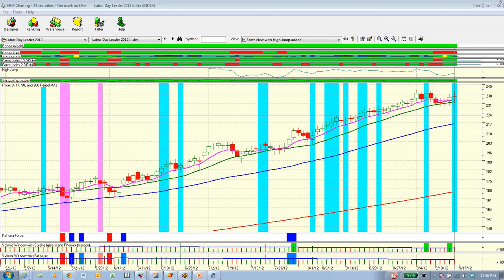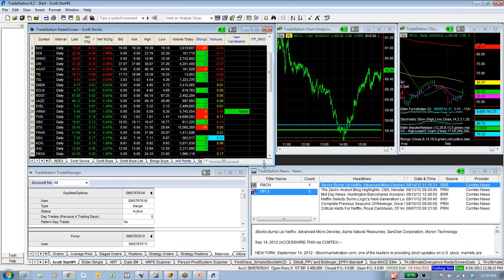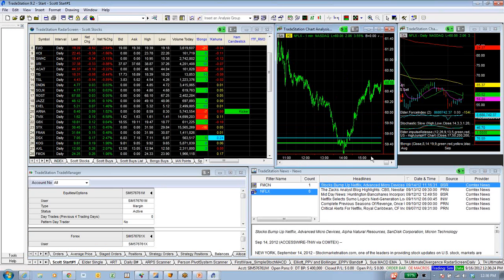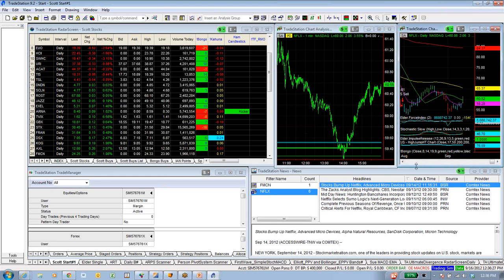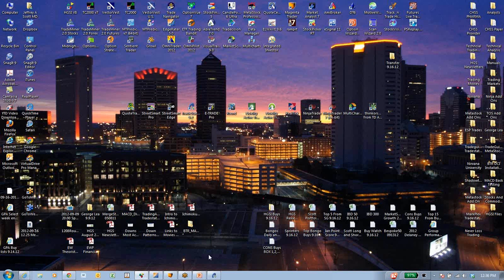Now, I also like to look retrospectively at how the things that I trade have been behaving. One of the things that I do within HGSI, there's a tool called the Group Performance Analysis. It's kind of like your GPA when you went to school. It allows you to take any list of stocks and measure its performance over a period of time.